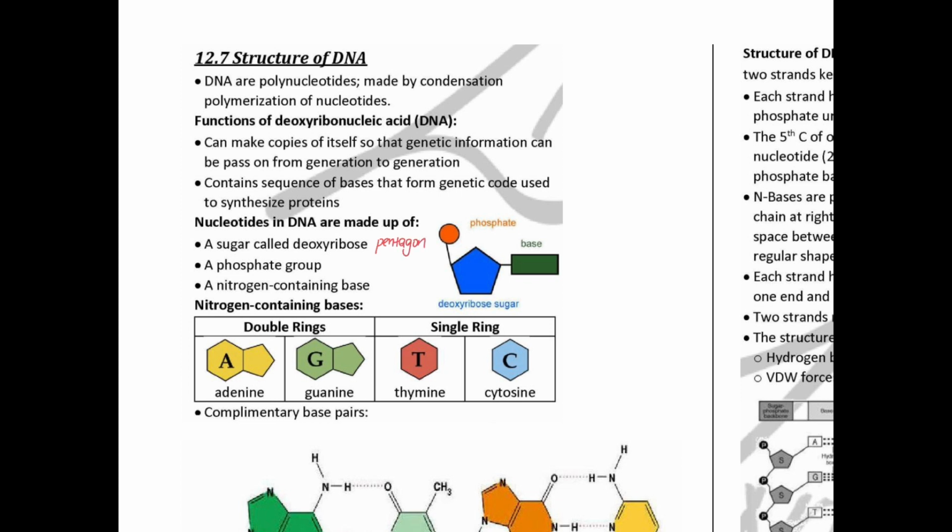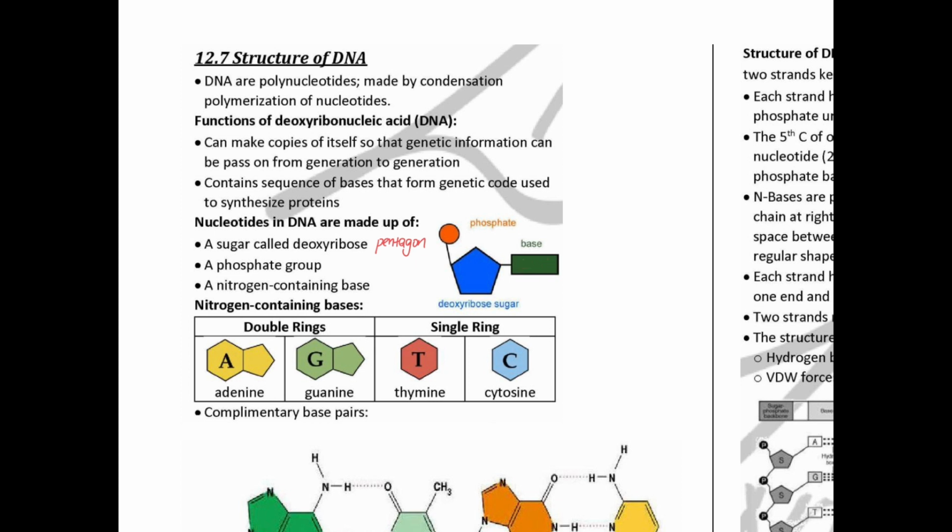And then the second component is the phosphate group. Phosphate group is represented by the red circle over here. So of course, you should expect phosphorus and oxygen there. And then the next one is nitrogen containing base, which is the rectangle over here.